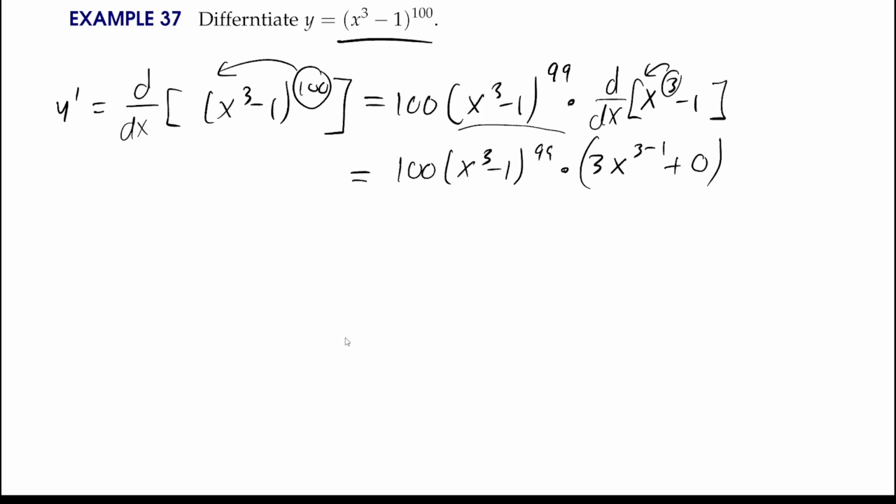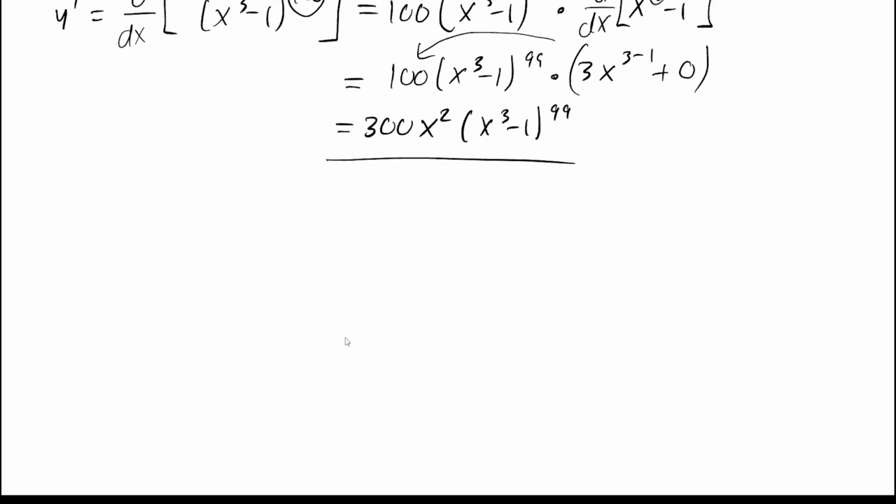The 3 is going to multiply by the 100, so we're going to get 300. I'm going to bring this x to the front. And so when you bring that forward, 3 minus 1 is 2, so this is going to be x squared. And then we have x cubed minus 1 to the 99. Okay? Like this.